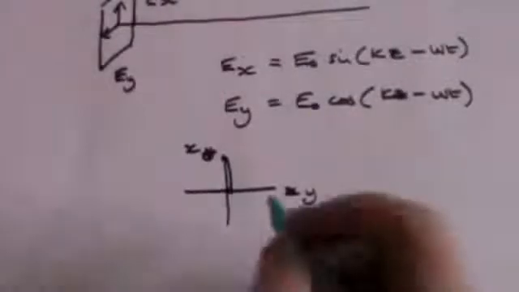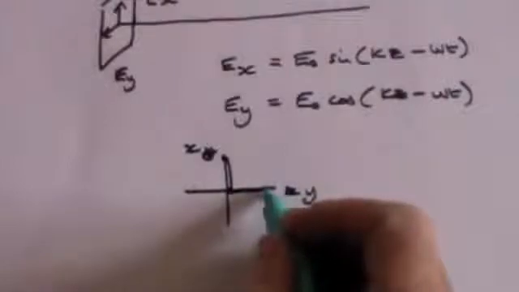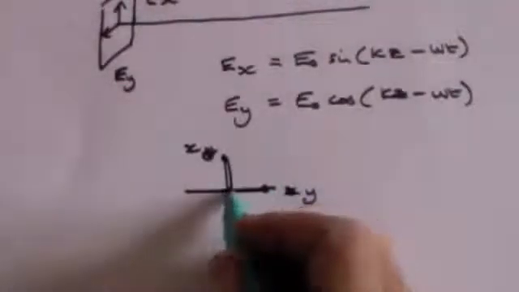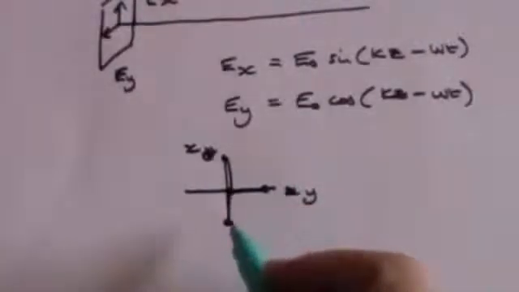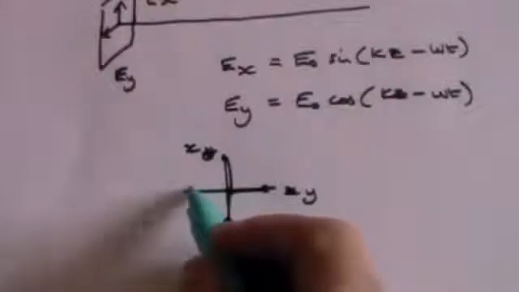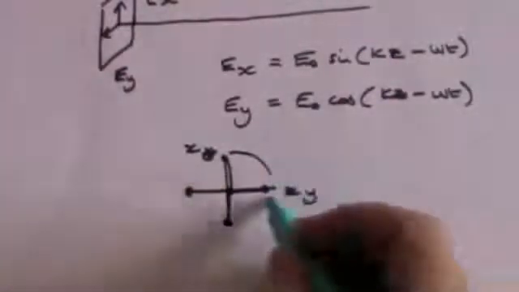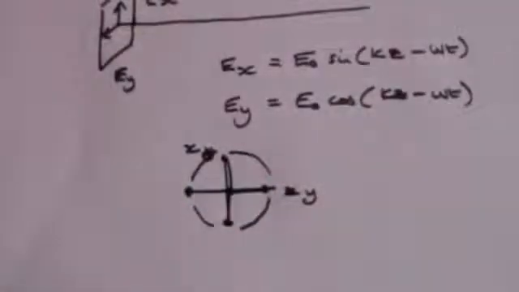Then a quarter of a wavelength later, x is at a minimum, y is at a maximum. And then a quarter of a wavelength later, y is at a minimum, but x is at a maximum the other way. And then a quarter of a wavelength later, yes, you guessed it, it's there. So effectively, what it looks as though the vector has done is it's just gone round in a circle. And that is called circularly polarized light.